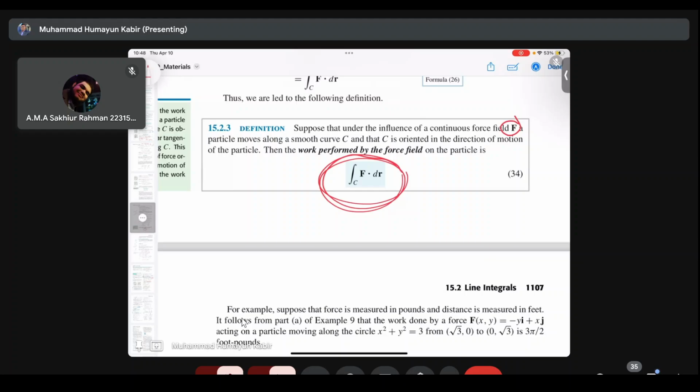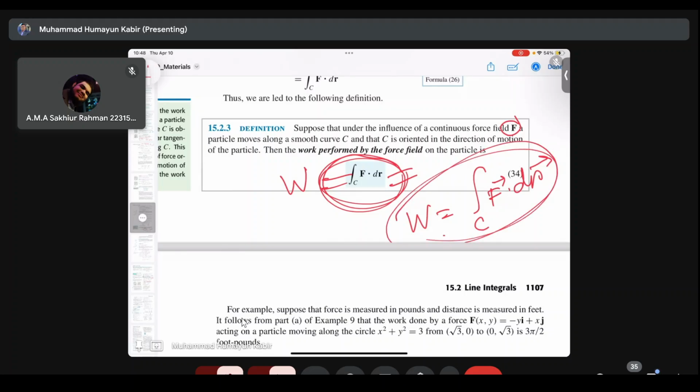And we have already learned how to calculate its value. We can call W equal to this one. So W equal to line integral along the curve C of F dot dr. What is F? F is the force field here. What is C? C is the smooth curve which indicates the route or path of the motion of the particle. And then the work done by the force field is this one. Understood?